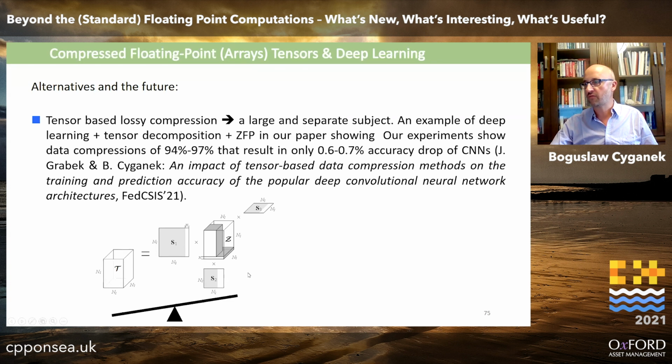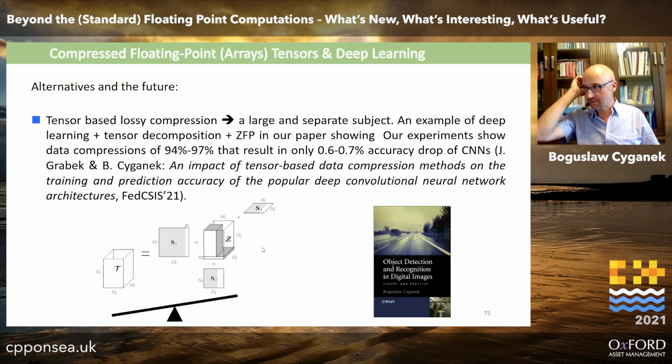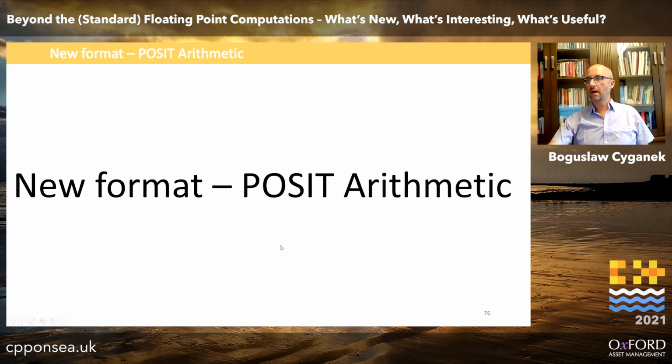So this is the way of compression. But after that, because we need to compute in floating point, we apply this ZFP library with good results. So I can recommend this. If you are interested in tensors, decomposition, things like this, I wrote a book 10 years ago, so you can try to find some details.